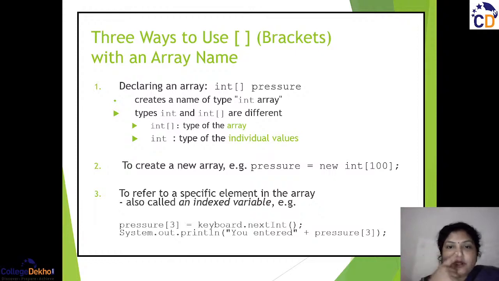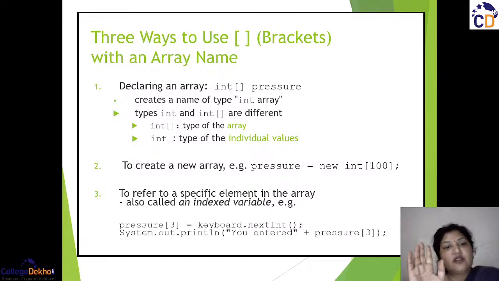Let me give you some examples: types int and int with array brackets are different. One is holding a simple single value, that is type int. Another is holding an array of elements. So when you have square brackets, that means it is an array.